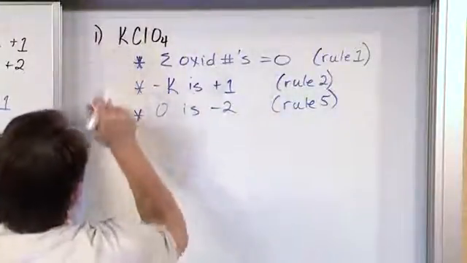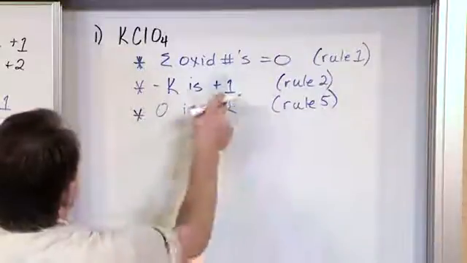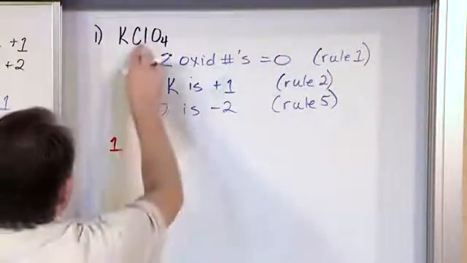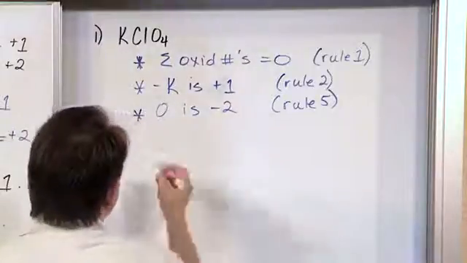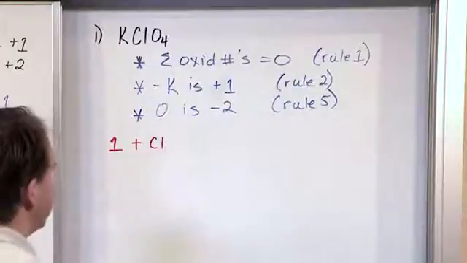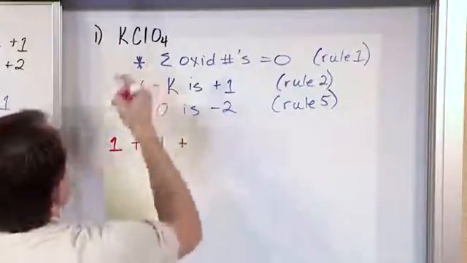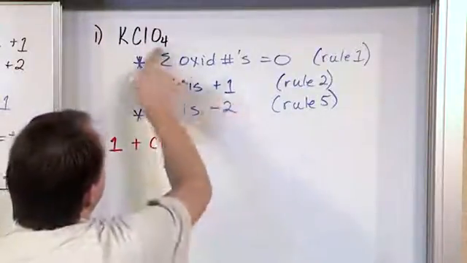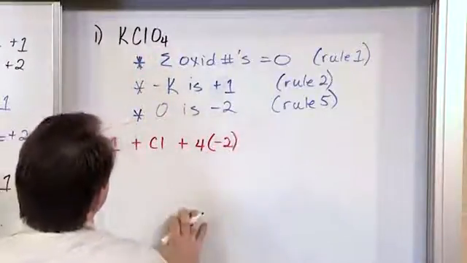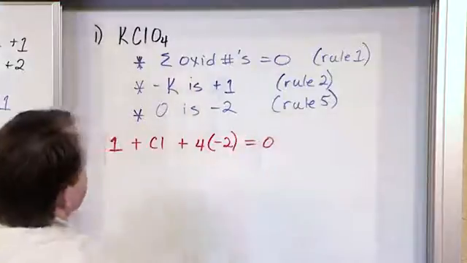What is the oxidation number of potassium here? We just said it was +1, so I'm going to say 1. What is the oxidation number of chlorine? I don't know what it is, so I'm just going to put Cl there. What is the oxidation number of oxygen? Well, it's -2, but I have 4 atoms here, so I have to say 4 atoms times -2 for each one. And all this stuff has to be equal to 0.